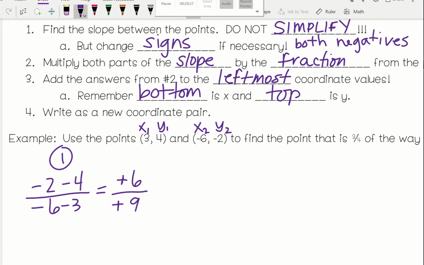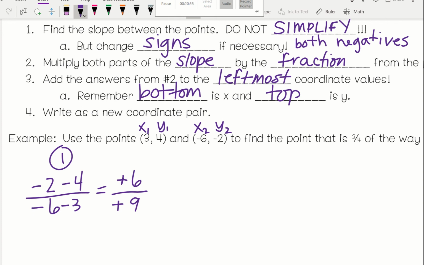Because all we're doing is finding the vertical distance and the horizontal distance between the two, and then multiplying by the fraction. If we reduce it, then we're not actually finding the vertical and horizontal distance, we're just finding the slope. We changed these to positives because they were both negative.